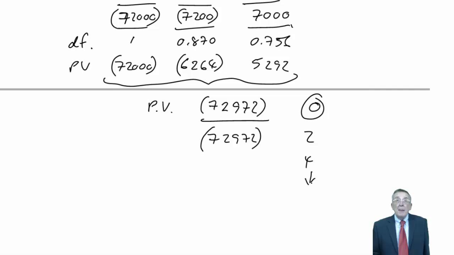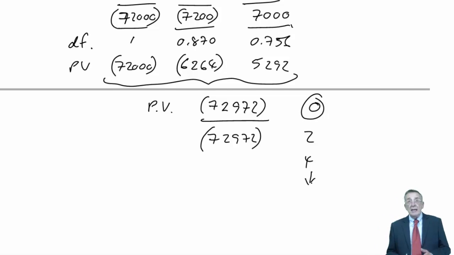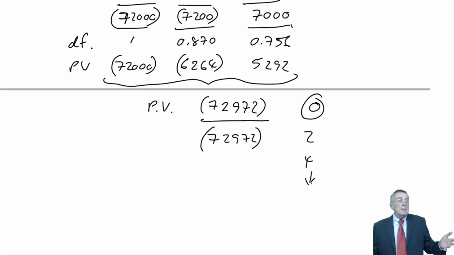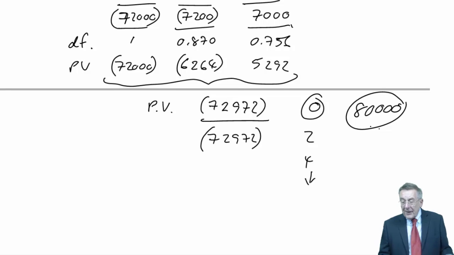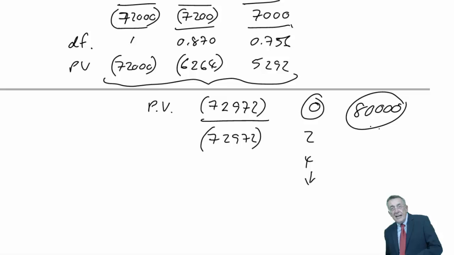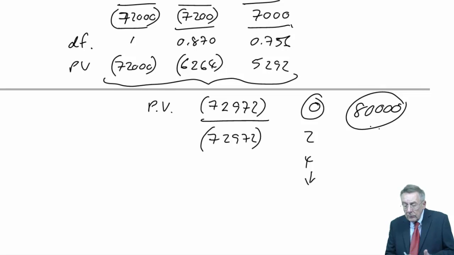Well, the only problem is we can do the same shortly for replacing perhaps every 3 years. And if I just make up a figure, maybe every 3 years, it's like paying a present value of 80,000. But that would be 80,000 every 3 years forever. And we can't compare it with 72,000 every 2 years forever.